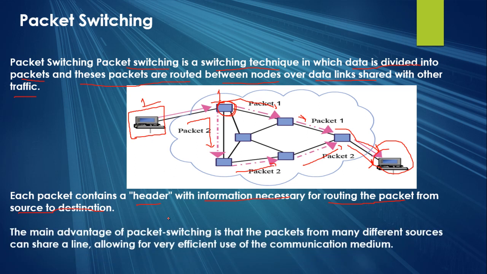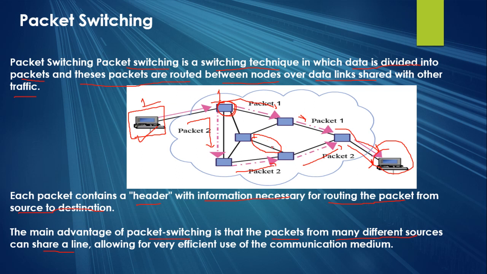The main advantage of packet switching is that packets from many different sources can share a line, right. Suppose this is a line. It is not necessary that this line be used for sending packets from this computer only. Any other computer which is also a part of this network can send data and use this line.